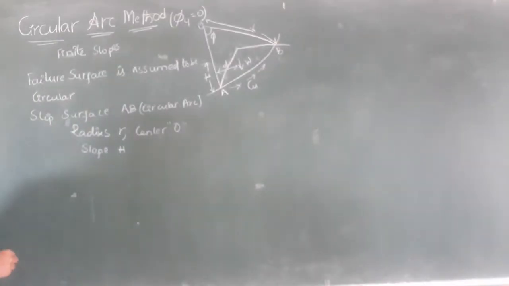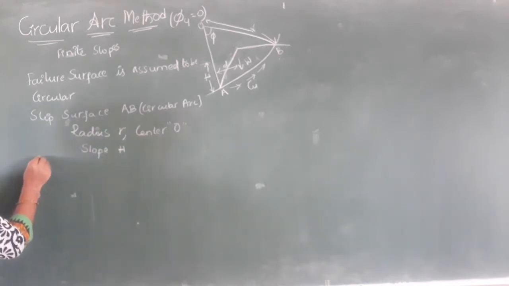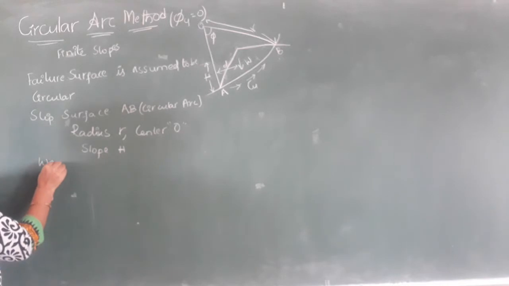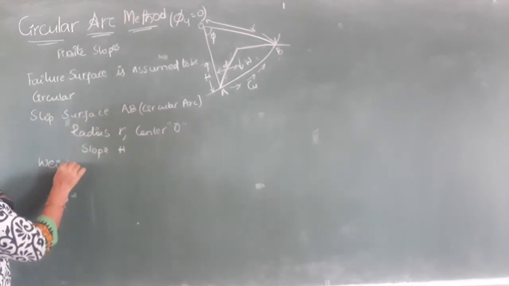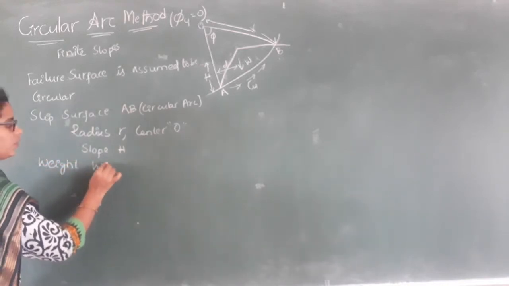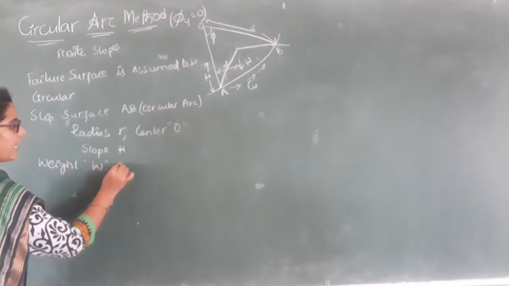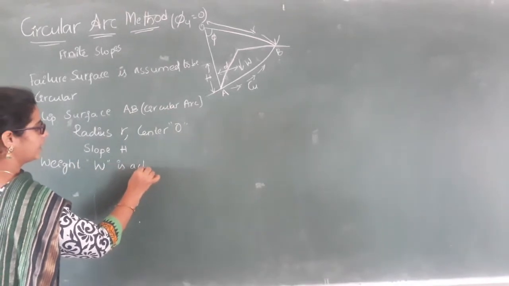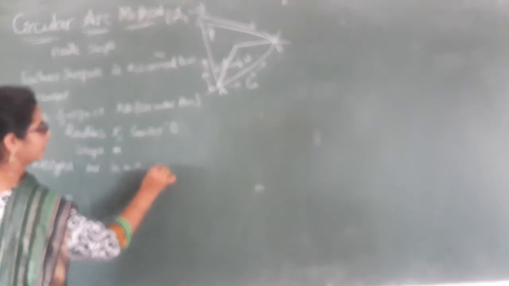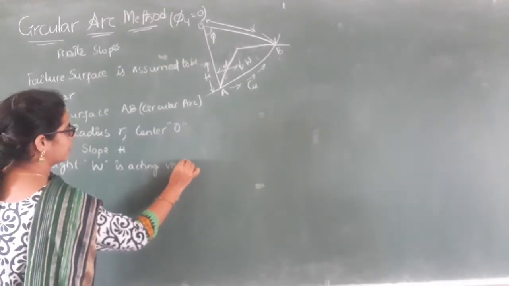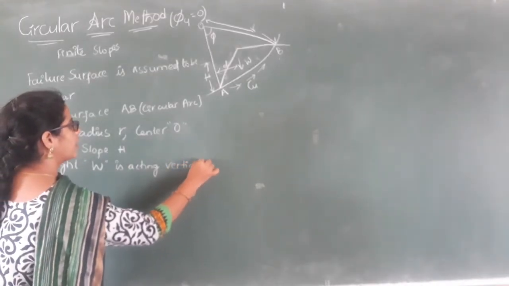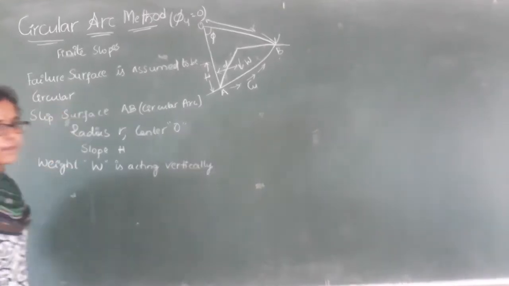What is W? W is acting vertically, the weight of the slope. Weight W is acting vertically at the center we can say.